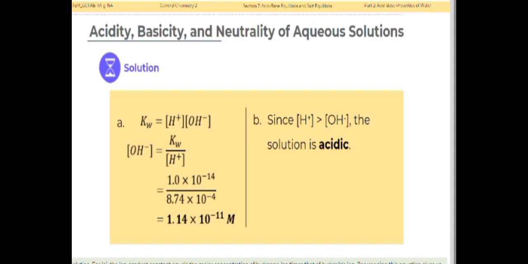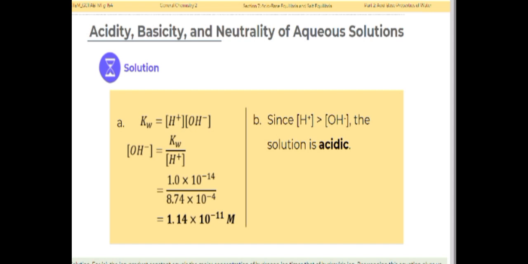Thus, K is 1.0 times 10 raised to negative 14. Substituting K and the molar concentration of hydrogen ion, we obtain hydroxide ion concentration 1.14 times 10 raised to negative 11 molar.